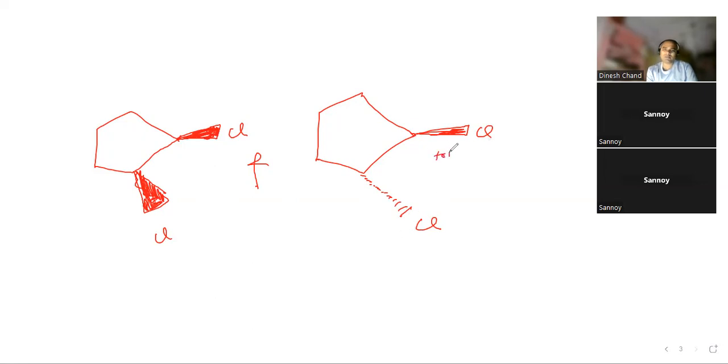One is towards you and one is away from you. You can also say above the plane, below the plane. So which is going to be cis and which is trans? Sir, the first one is this, second one is that. So this is going to be cis and this is going to be trans.